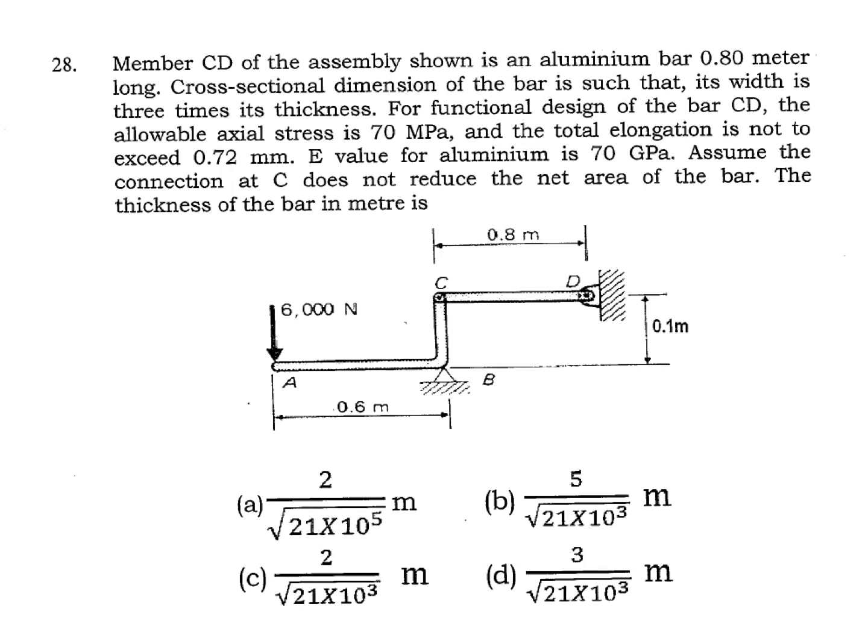E, or Young's modulus value for aluminum, is 70 GPa. Assume the connection at C does not reduce the net area of the bar. The thickness of the bar in meter is, this is very important for GATE and IAS conventional.